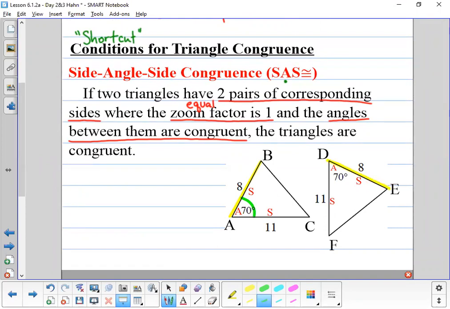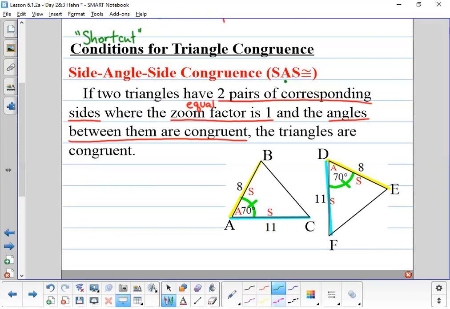I see that the angle here is 70 degrees, so it's going to correspond with that angle, which is 70 degrees. So those are equal to each other, congruent angles. And then I have this side length AC, which is a length of 11. That's going to match up or correspond with this side length DF, which also has a length of 11.